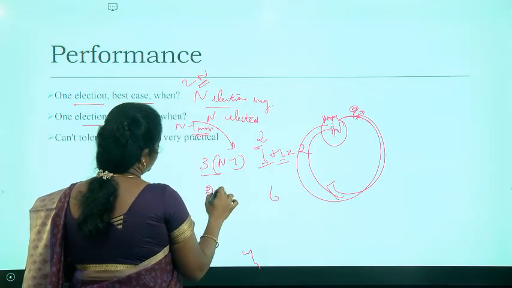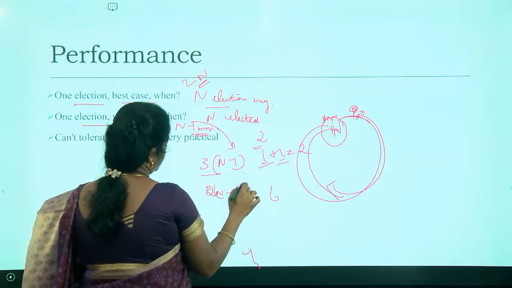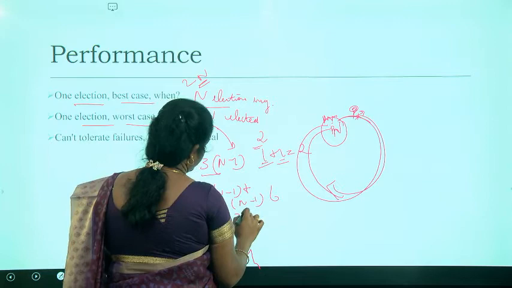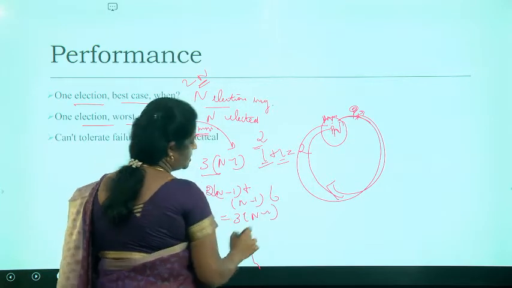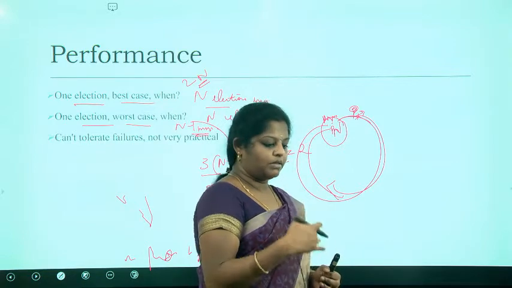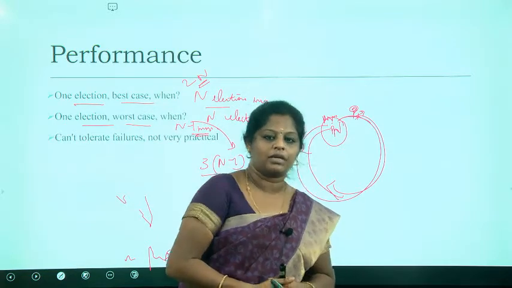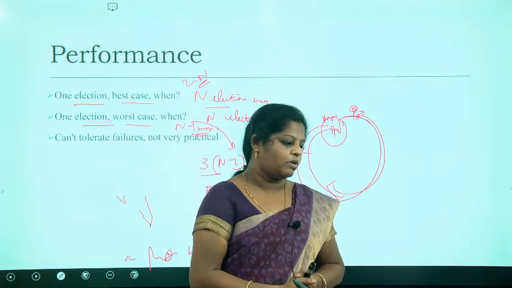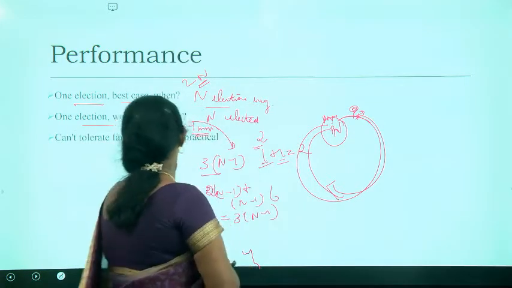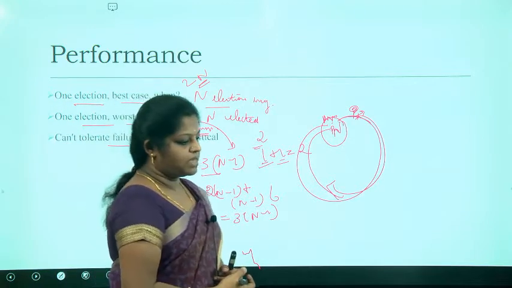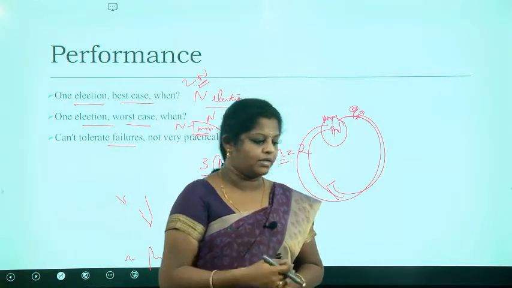So totally 2n minus 1 plus n minus 1, which requires 3 into n minus 1 messages in the turnaround time, covering the election as well as the elected messages. Fine. And we'll go for the failures.